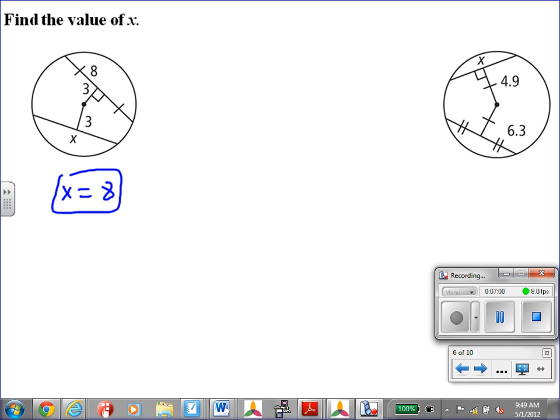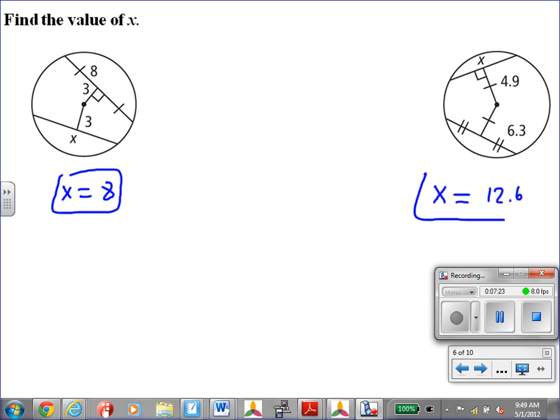Oh, yeah, she's right. Everybody see it? If this is 6.3 here, then this also has to be 6.3, which would be 12.6. You guys don't think that this is 6.3? I can see where the picture would throw you off, but if it's 4.9 here and it has the same hash mark, then they have to be both 4.9. So 6.3 and 6.3 is 12.6, so x would equal 12.6.